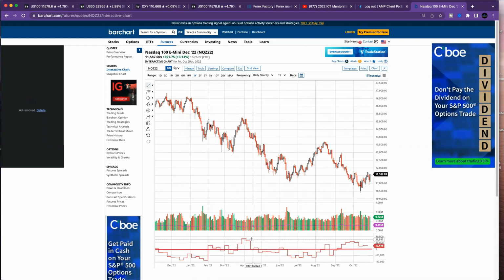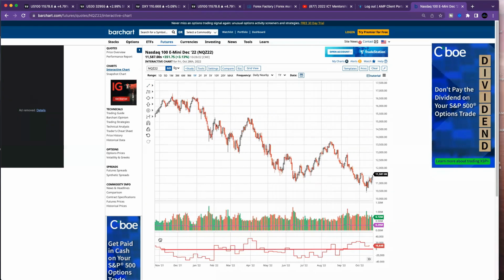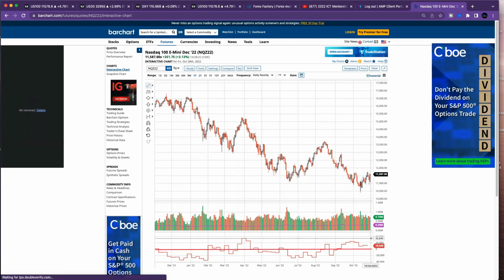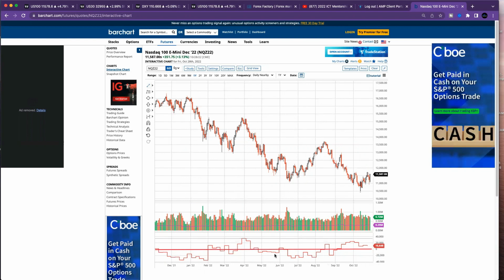Since this is the highest extreme, remember we labeled the highest extreme in the last 12 months and the lowest extreme in the last 12 months. And that gave us our 0 line, splitting that in half.